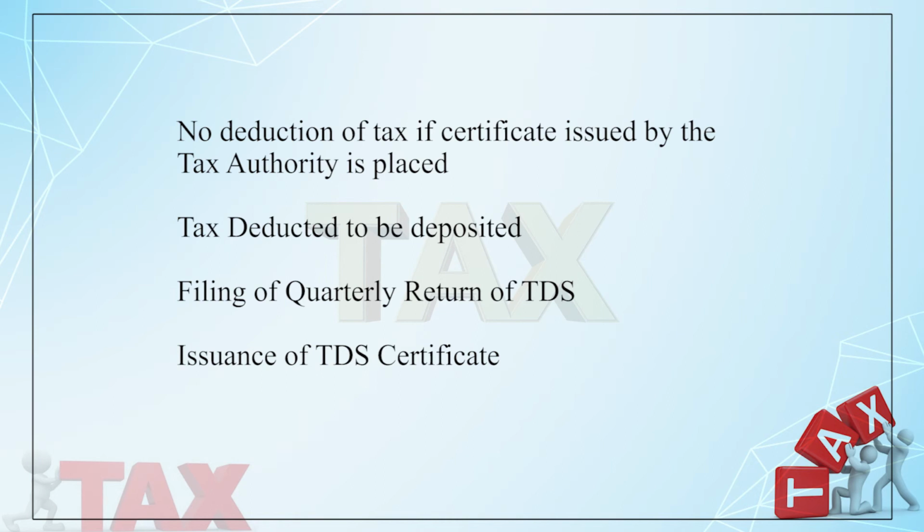And TDS is looked upon as an advance payment of tax. That means the company is paying taxes on my behalf in advance, before I go for my advance tax calculation or filing the return.